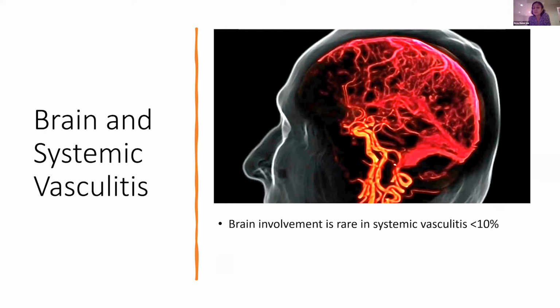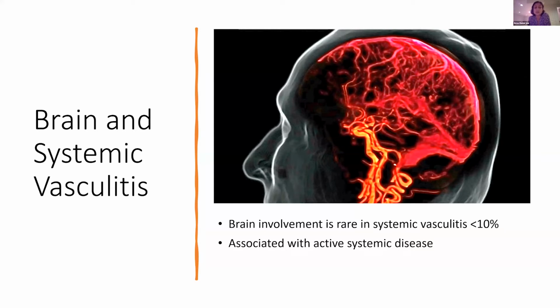Brain involvement is very rare in systemic vasculitis. It's less than 10%, probably even way less than that. And it's almost always associated with active systemic disease. So people who have systemic vasculitis, when they have brain involvement, almost always have evidence of active disease elsewhere in the body. That's a clue.